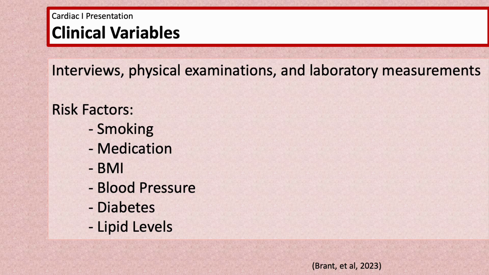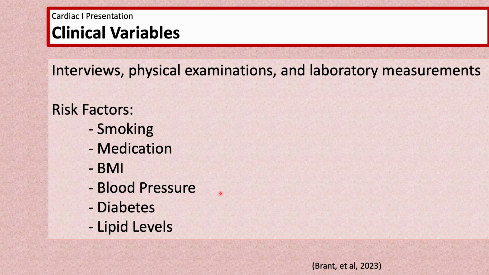Common cardiovascular disease risk factors would include current cigarette smoking, that's smoking within the last year, medications for blood pressure, diabetes, and lipid-lowering medication, body mass index, systolic and diastolic blood pressures, and those would be potentially treated with medication.